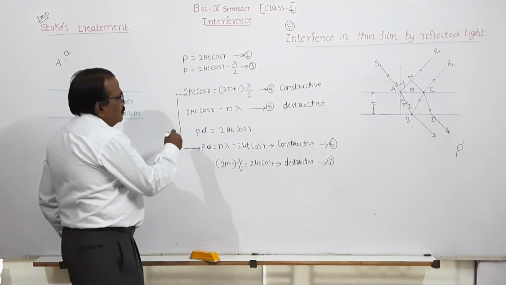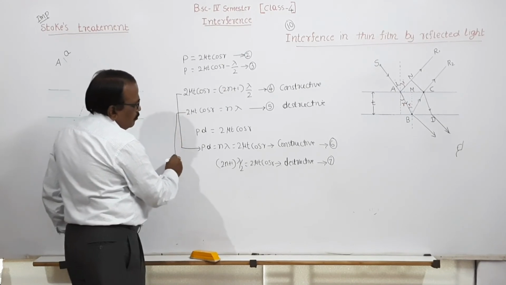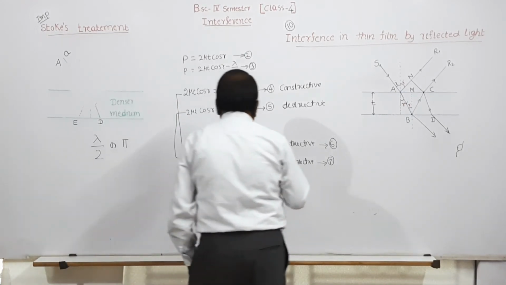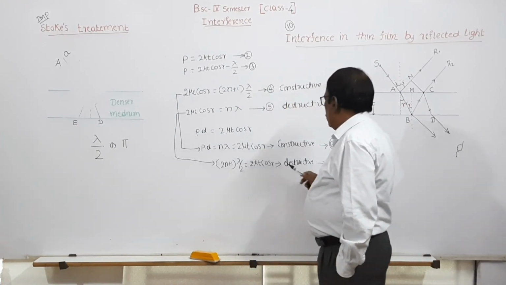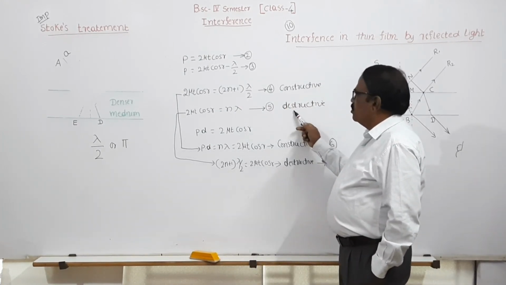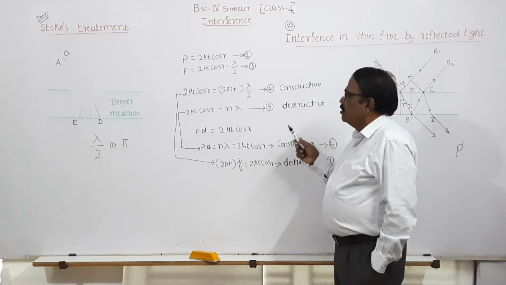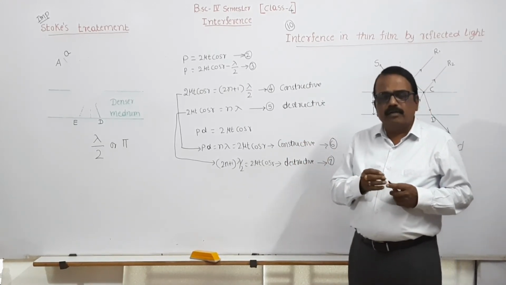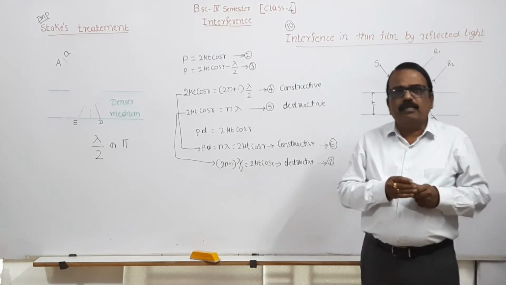Then equation 5 is same as equation 7, means here it is destructive and this is also destructive. So this shows that the transmitted and reflected systems are complementary.